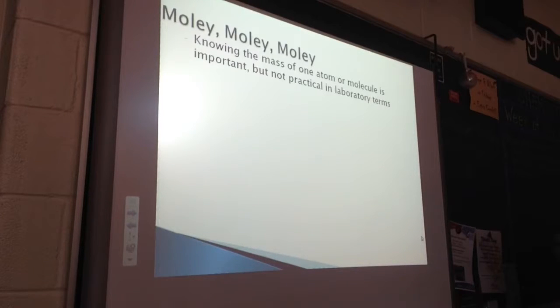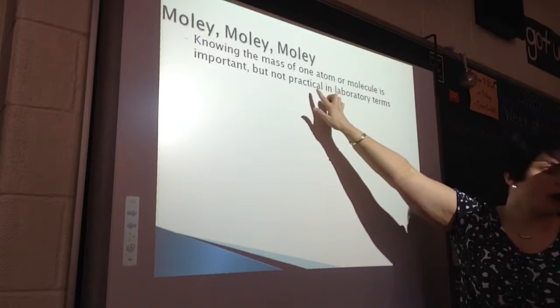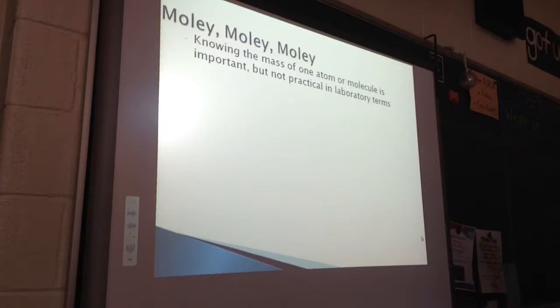It's 18.02 atomic mass units. The problem is that atomic mass units are not practical. We cannot go into the laboratory and measure so many atomic mass units of something. We can't put it on the scale and get a particular amount of something in AMUs.